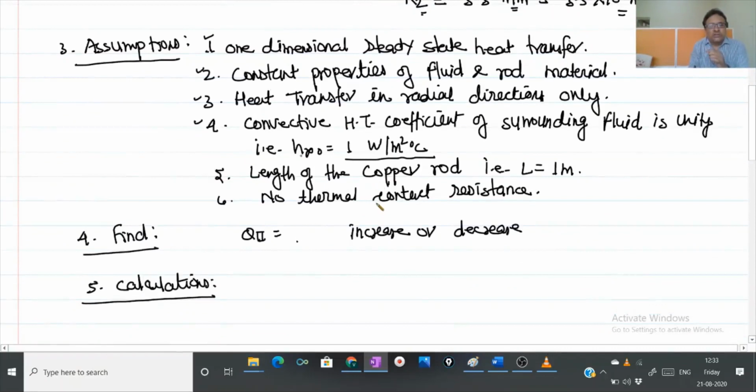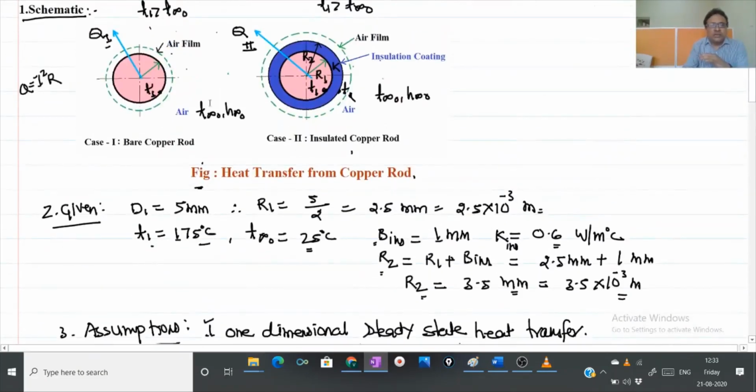The copper rod is in cylindrical form and its length is not given. So let us assume its length as unity, that is 1 meter. So whatever discussion I am doing will be applicable for unit length of the copper rod. And the last assumption, as you can see here, the copper rod and insulating material form a composite system.